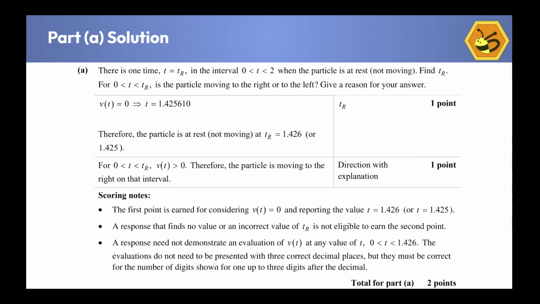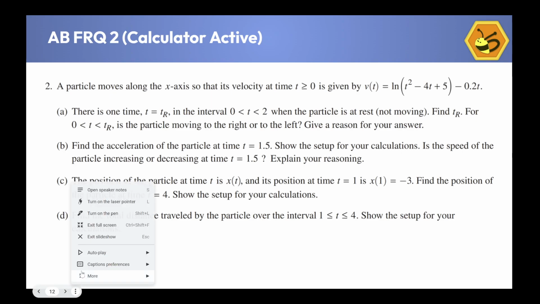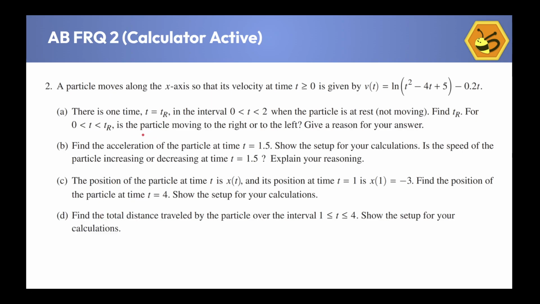Go to part B. Find the acceleration of the particle at time t equals 1.5. Show the setup for calculations. So the first part is to find the acceleration. The second part is to show your setup.